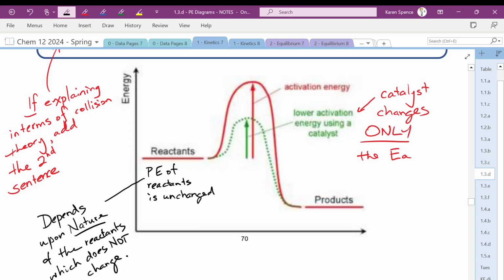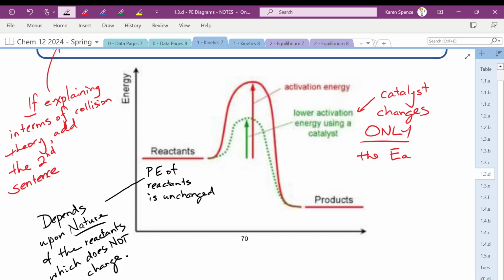Similarly, what else doesn't change? Sorry? The kinetic energy? Is there kinetic energy on this diagram? You're correct that the kinetic energy doesn't change, but it's not on this diagram. Pardon me? Total number of particles? Yeah, that also doesn't change.